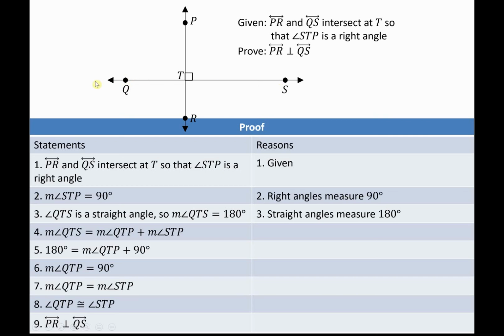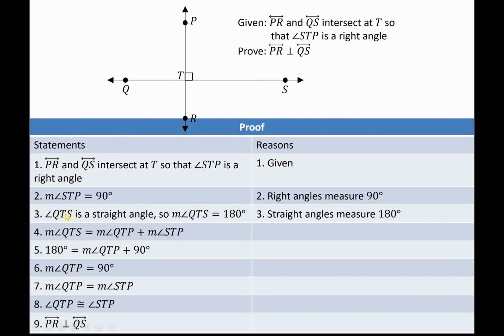Okay, so one thing that I'm not sure I've made abundantly clear, oops, go back, you didn't see that, was that the given statement is what you get to use, but also the figure itself is part of the given information that you can draw from. So obviously angle QTS is a straight angle because these three points Q, T, and S lie on a line, right?